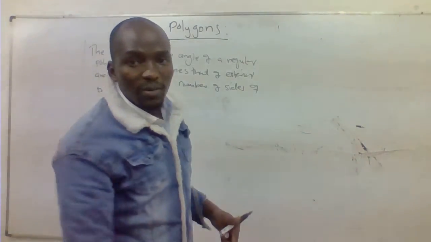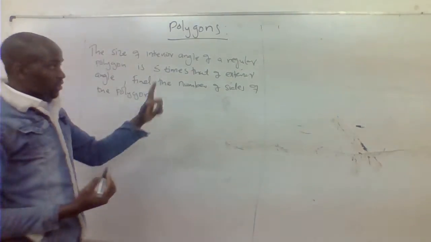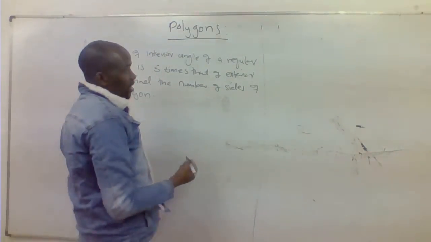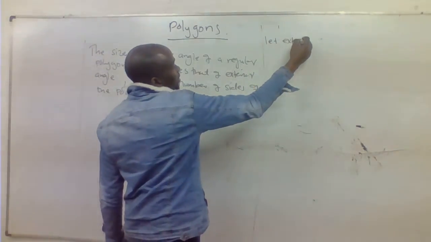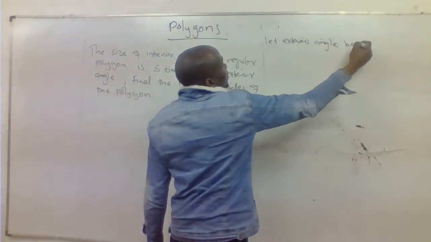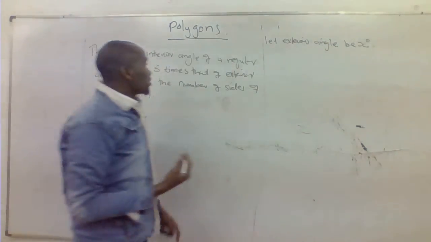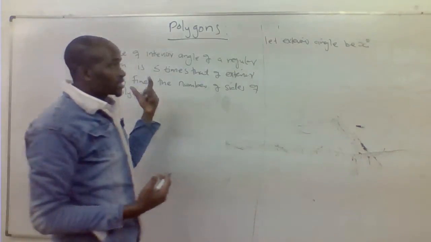We are still going to apply the 5 key points that we have learned, but first we need to let something be. So let's say, let the exterior angle be x degrees. So the interior angle is 5 times the exterior angle.